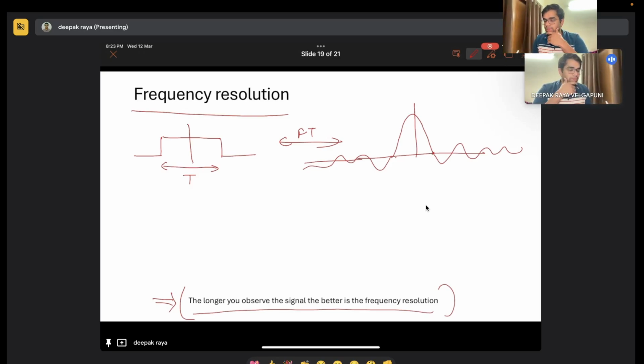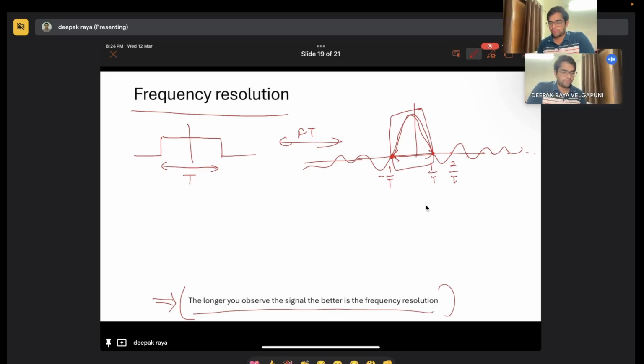What is the width of this main lobe? This is called the main lobe. The width of the sinc function is nothing but the reciprocal of the rectangular pulse width, 1 by T. Then you have 2 by T, 3 by T, and so on, all the nulls where it becomes 0. But right now you just focus on this main lobe width, right?